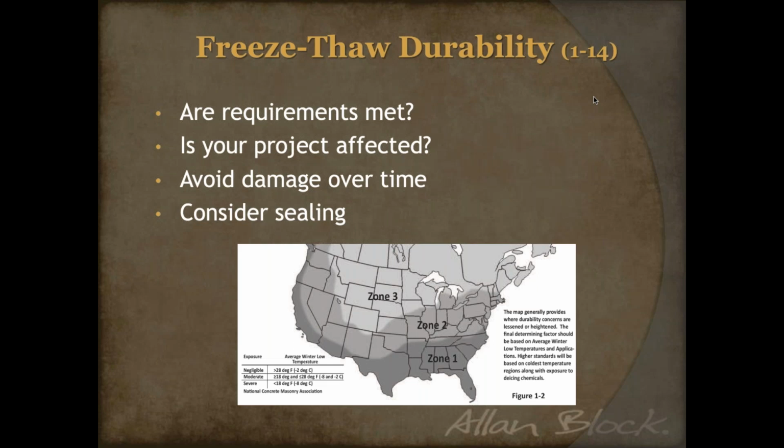Basically, what we're trying to do here is keep anything that can cause damage over time away from the wall. We like to keep our walls as safe as possible, and the best way to do that is to keep away any issues like those I mentioned before. And then lastly, of course, make sure that your freeze thaw durability requirements are met by your product, depending on what zone you're in.